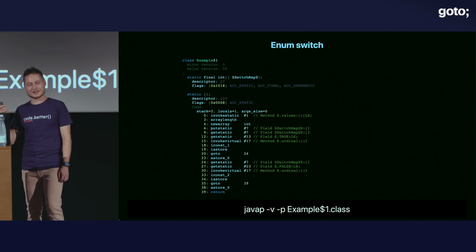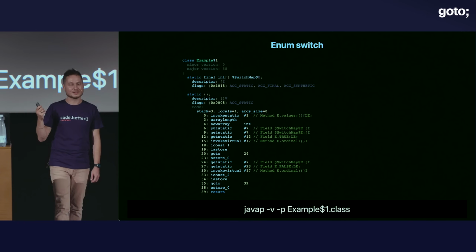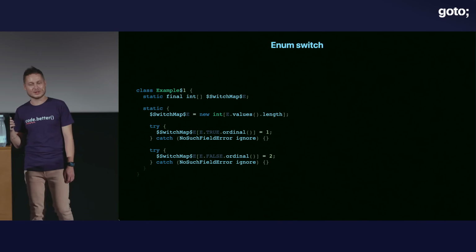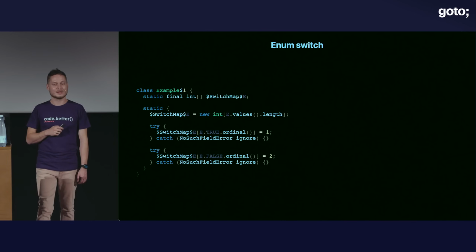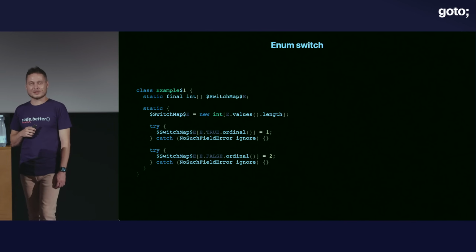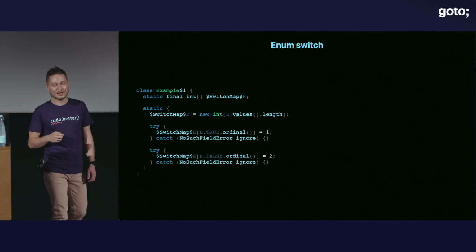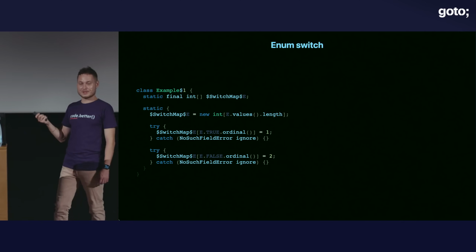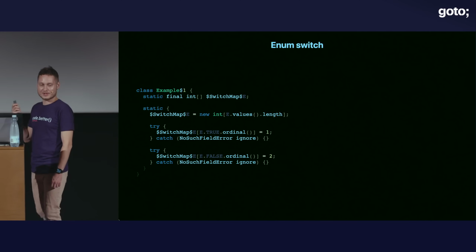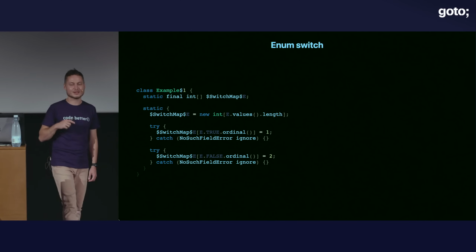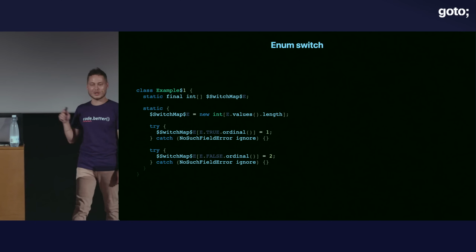If you look at this class that is accessed, where this switch map is stored, it's going to look like this. It's going to have a static initializer. Static initializer initializes switch map. It asks what's the ordinal value of constant true, and in the place of the array of this ordinal value, let's put 1.